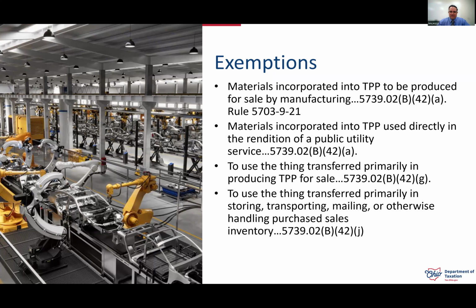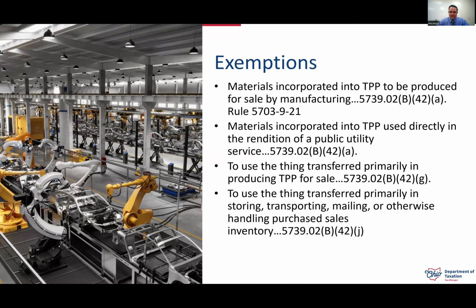Some more exemptions here. This slide kind of touches on two of them. The materials incorporated into TPP produced for sale by manufacturing. This is like raw materials that are being incorporated into the finished product. We also have the public utility exemption.